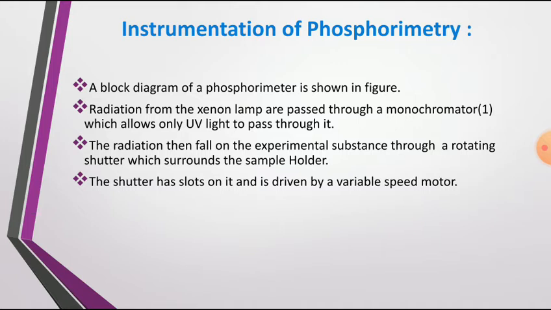The shutter has slots on it and is driven by a variable speed motor. That means the entry shutter and exit shutter have slots, and in between is the phosphorescope, in which the sample cell holds the sample solution.